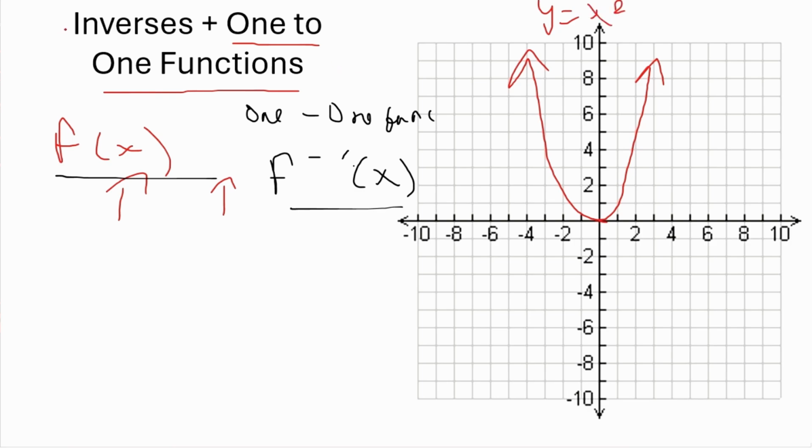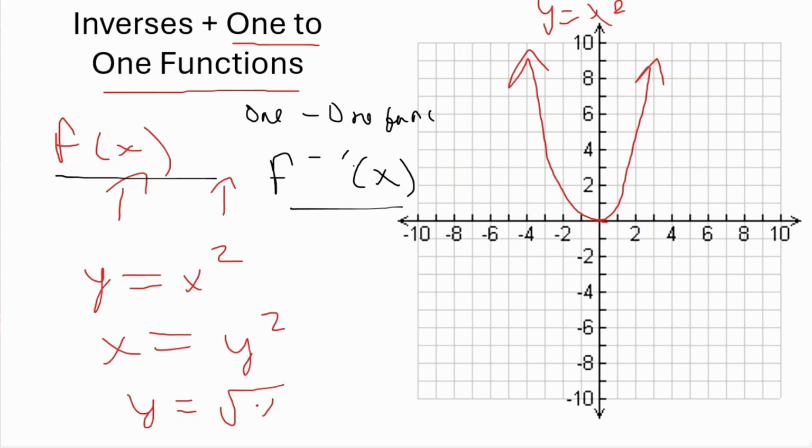When we inverse it, it becomes x equals y squared, and to isolate y, it becomes y equals root x. But you remember what our radical graph looked like? It had the restriction that x had to be greater than 0.